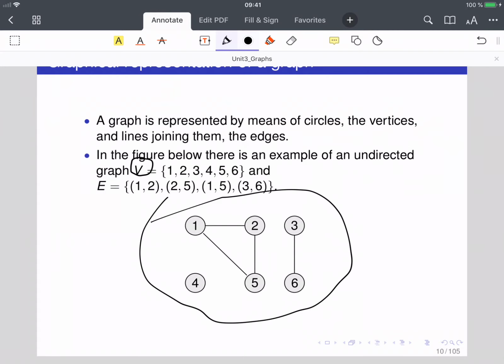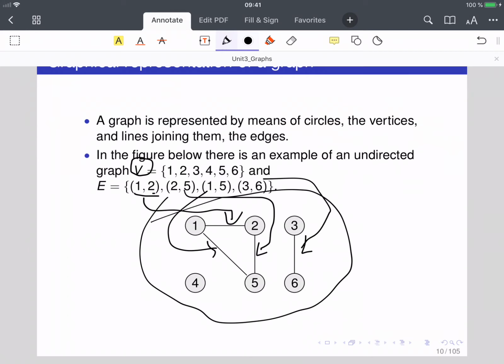So here, for instance, we have the edge 1, 2, which is this line here that is connecting vertices 1 and 2. We also have edge 2, 5. Oh, sorry, this is not edge 2, 5, of course. Edge 2, 5 is this one here that connects 2 and 5. Edge 1, 5 is this one here, and we also have edge 3, 6.